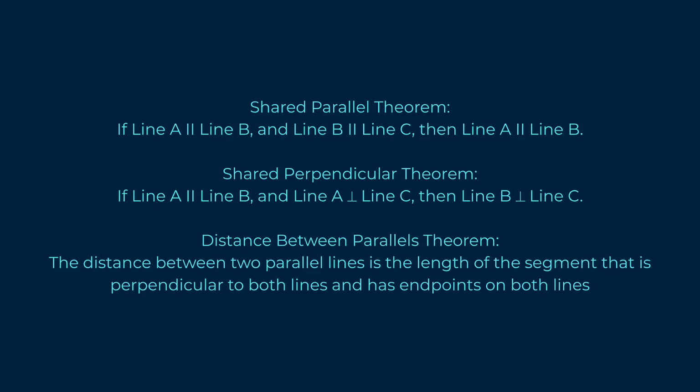You have two parallel lines and you draw a perpendicular line through them, and since the two endpoints will be on those lines, the segment that has the endpoints on both lines and is perpendicular to both lines is the distance. And you can do this for any point on a parallel line, and then you get the other point on the other side. You draw a line, and you draw a segment, and there's the distance. And this will be standard. This will be congruent for every single part of the parallel lines.